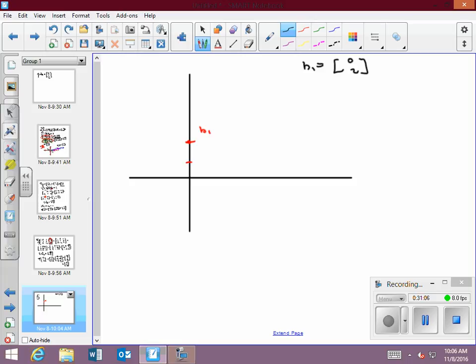So that is B1. And B2 equals 2, 1. This is 2.